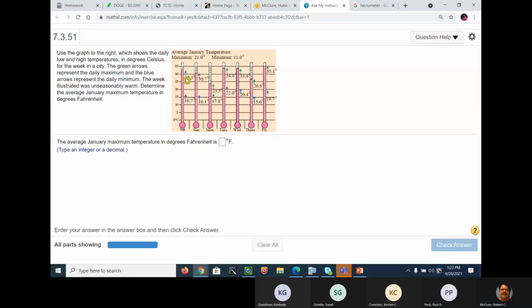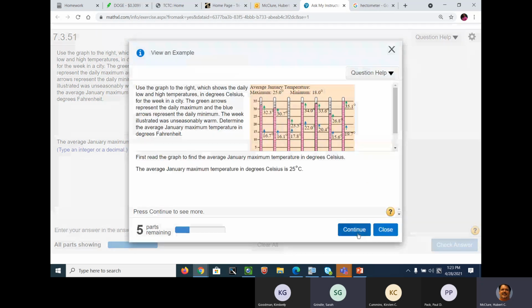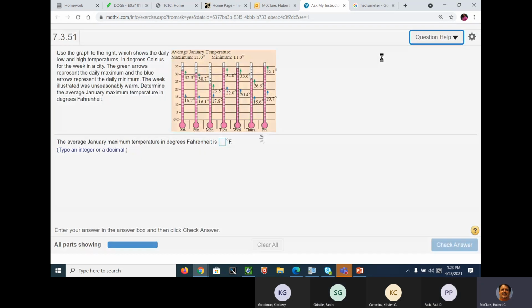Celsius? Fahrenheit? No, it says in degrees Celsius. Oh, sorry. Okay. And they want it in Fahrenheit. So we got to use our handy dandy formula that we used earlier. Yeah, I wrote it down. Here it is. We're going to change to Fahrenheit.